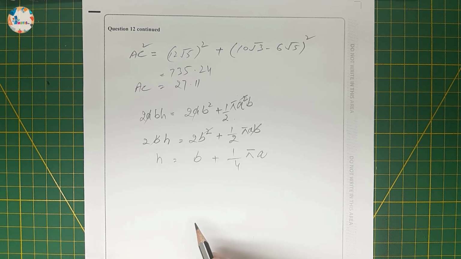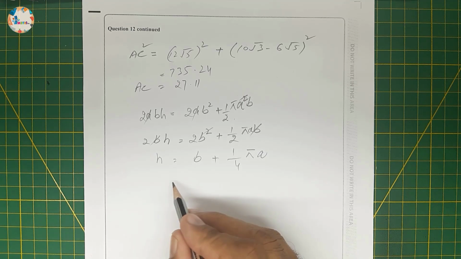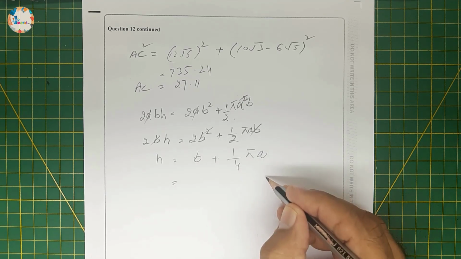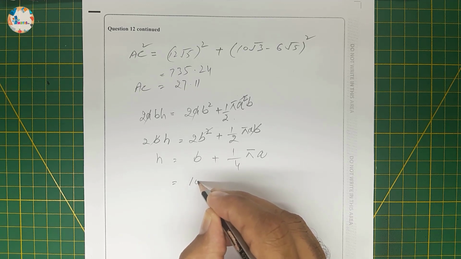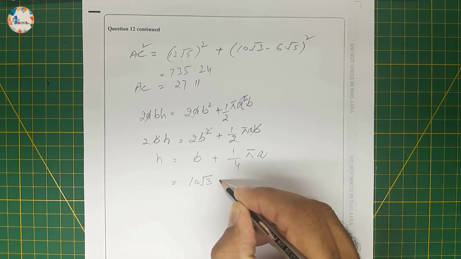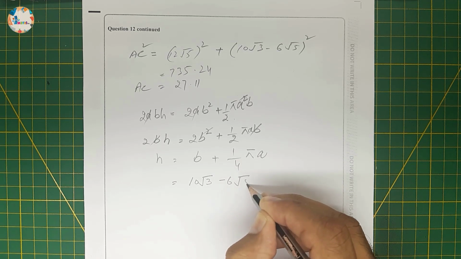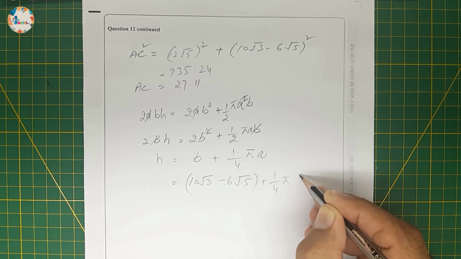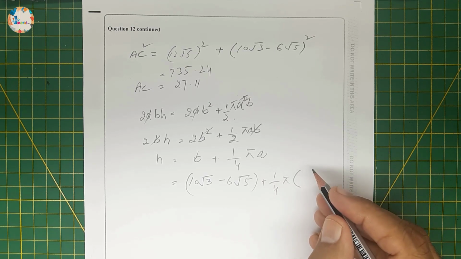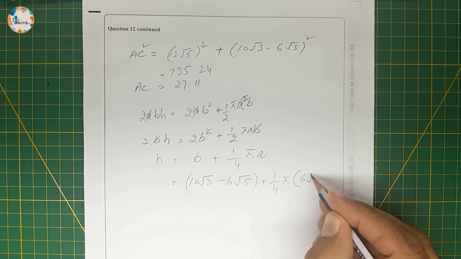In this we can replace the values of A and B. We replace B first, and the value of B is 10 under root 3 minus 6 under root 5, plus 1 by 4 pi, and the value of A is 6 under root 5.